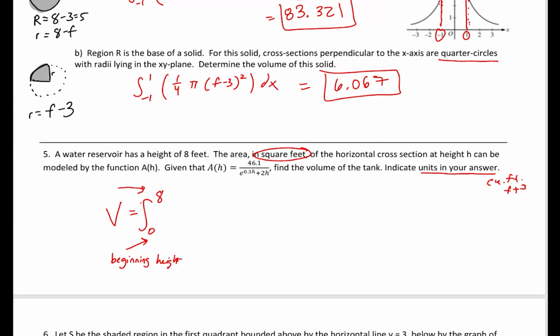All right, that's the height at the end. And then A of x, our area formula, is going to be 46.1 over e to the 0.3h plus 2h dh. We need to know what that equals. Okay, let's type that in.